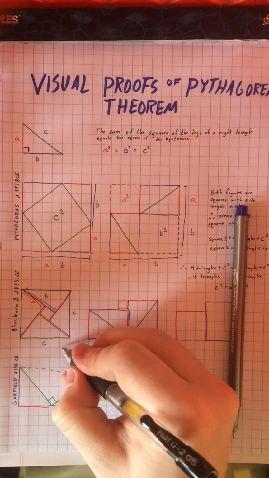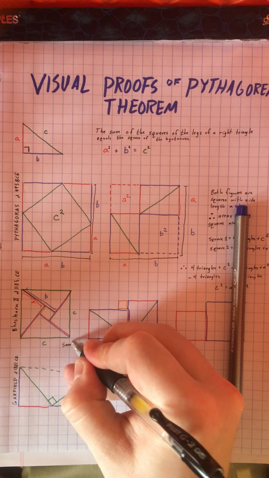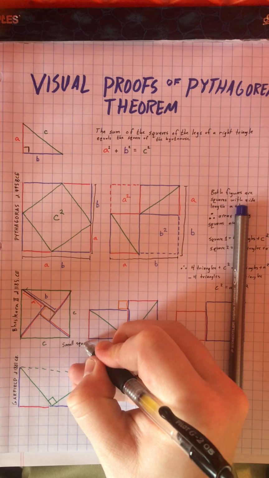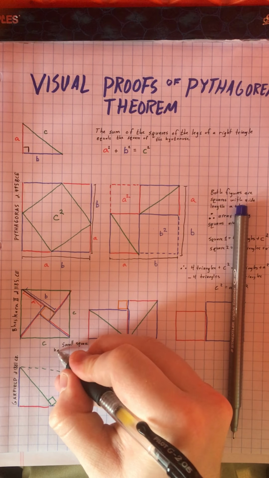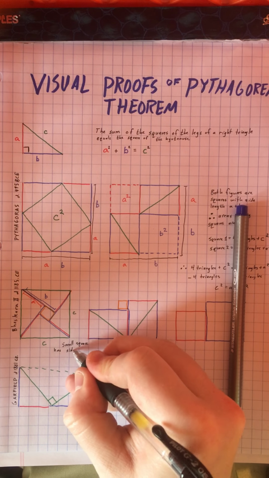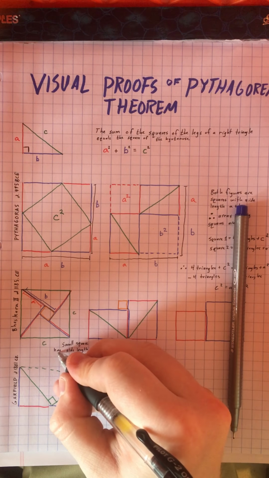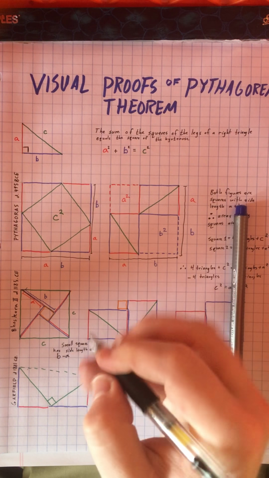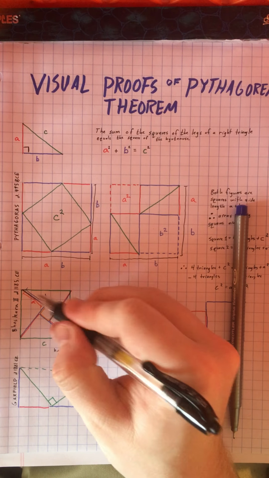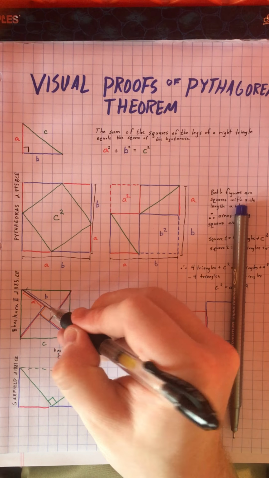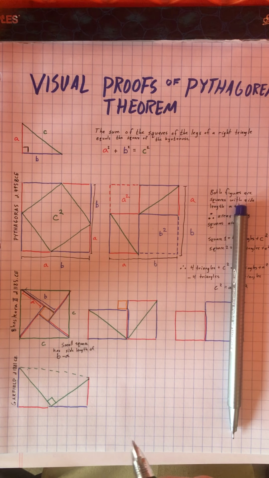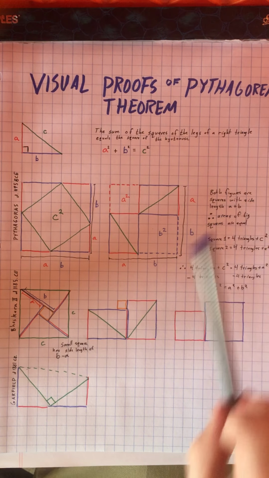Or put another way, the small square has a side length of B minus A. Take the whole length B, subtract out the short side A, and you're left with the length of the square. Makes sense so far.